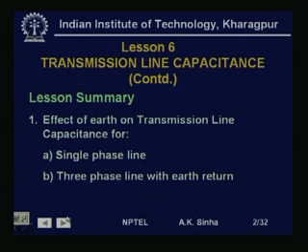Here we will consider the effect of earth on transmission line capacitance. When we have these transmission lines, the phase conductors are above the ground in an overhead transmission system, and the distance between the phase conductors and the distance between phase conductor and ground are of the same magnitude.